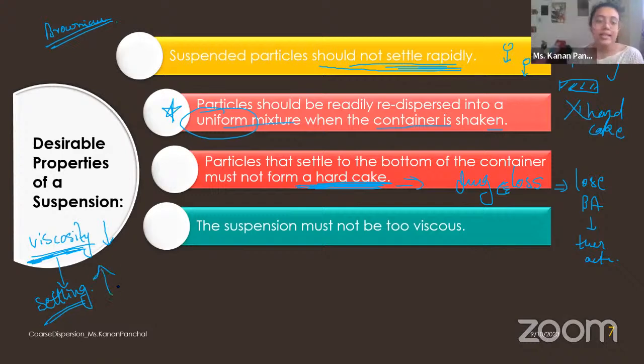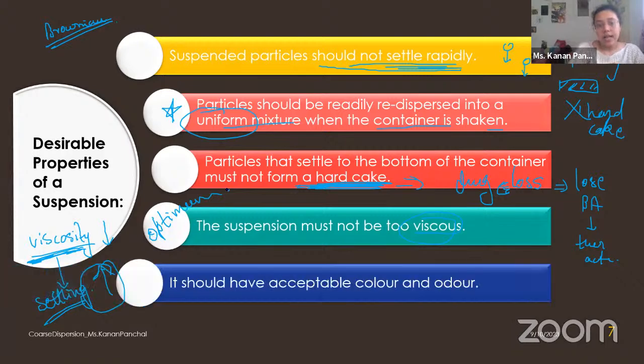Viscosity कम है तो settling ज्यादा होगा. So viscosity भी optimal होना चाहिए, because अगर ज्यादा viscous होगा, it will be difficult to administer to the patients also. Imagine if your suspension eye drops are too viscous, or imagine taking out a very viscous thing out of the bottle of your suspension. So this must be optimum.